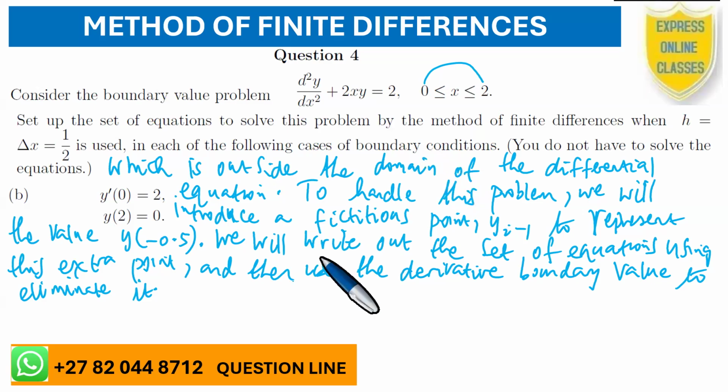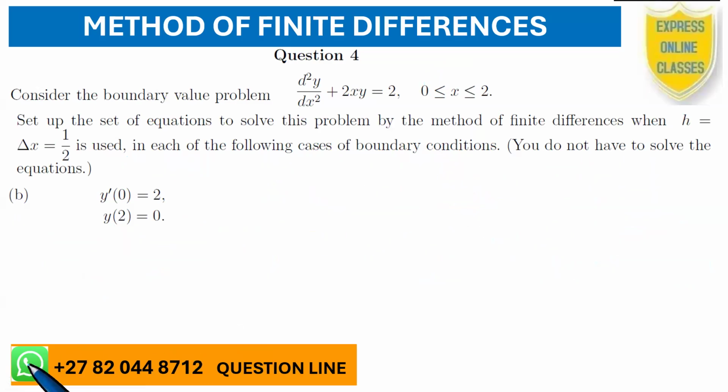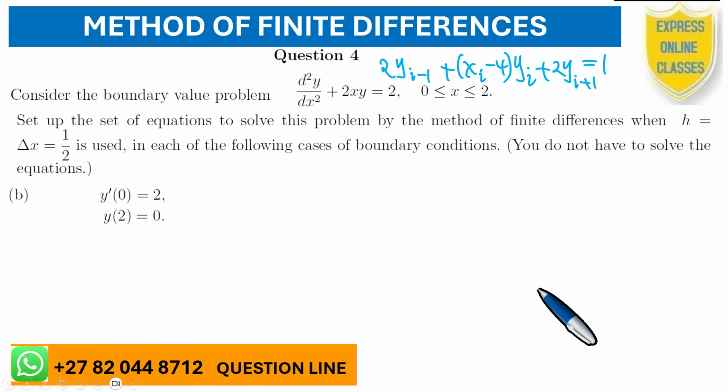Okay, we're back now. What is the equation star? It must be brought back: y i minus 1 plus x i minus 4 y i and so on.